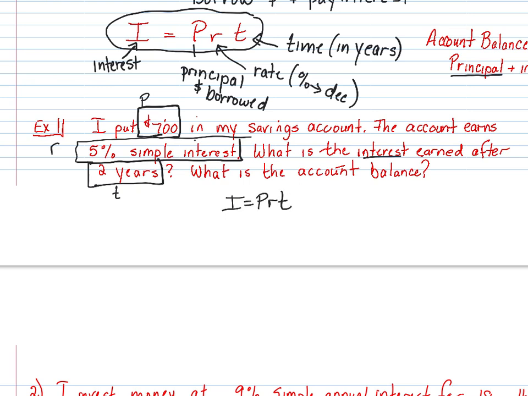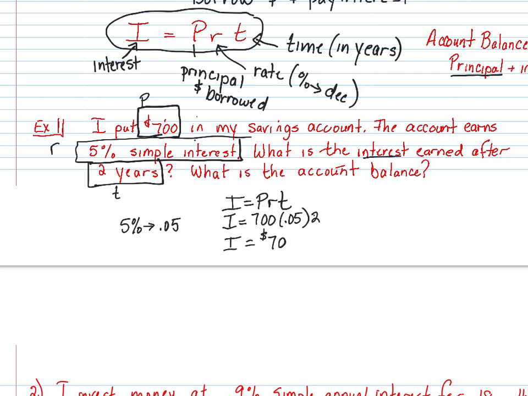Sorry, that's my dog chewing on his bone, dropping it on my floor. So we just plug in. We need to find I, and P is $700 times my rate. Remember, 5% needs to go to a decimal, that's 0.05. And T is the time in years, which is 2. All I do is plug that into the calculator.